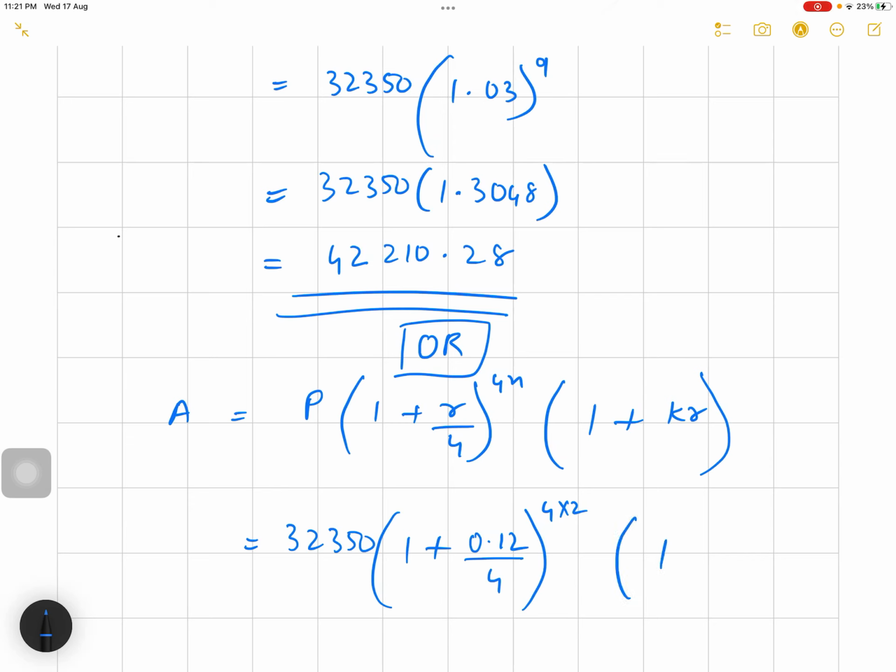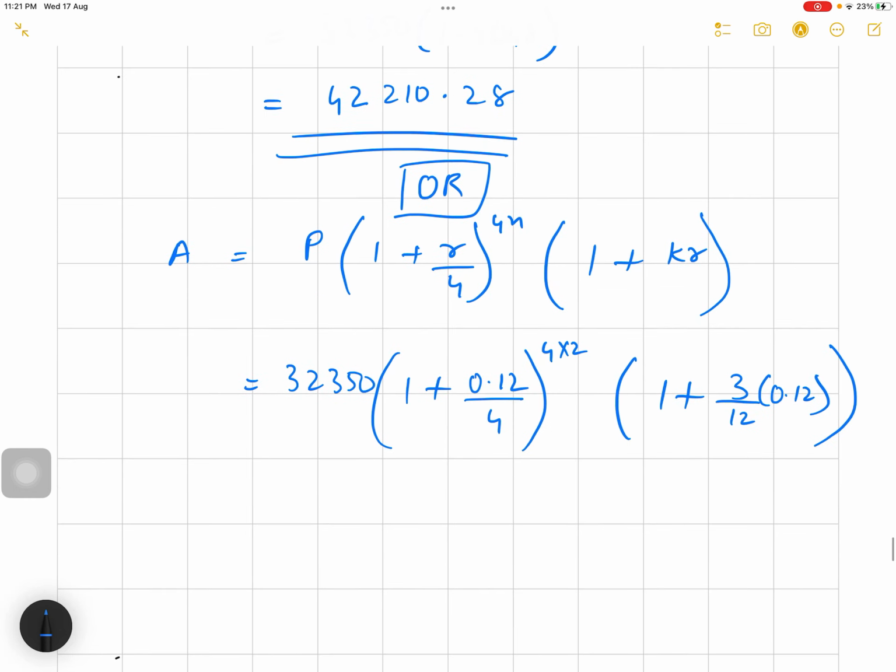Then 1 plus K, where K is 3 months, 3 by 12, and R is 0.12. So let's calculate this.